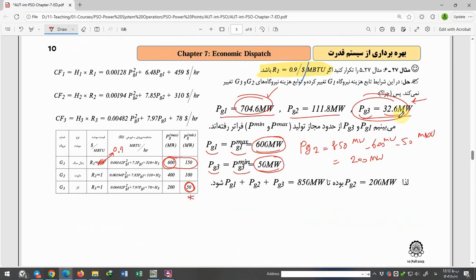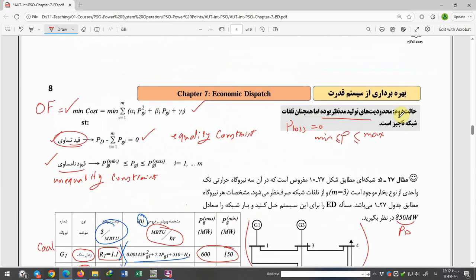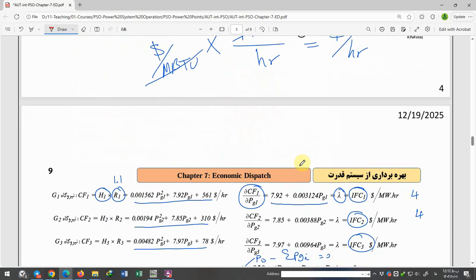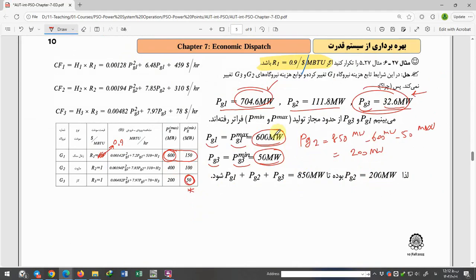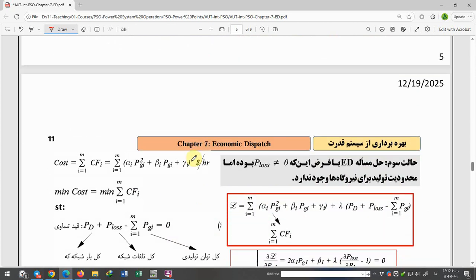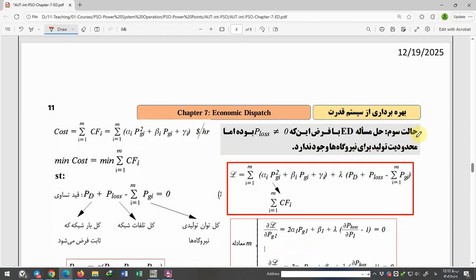So for the second scenario, we do as before, and when you go beyond your maximum and minimum, you set the value on maximum and minimum. In the next session, we try the third scenario, supposing that P loss is not zero and the maximum and minimum of power plants do not exist.